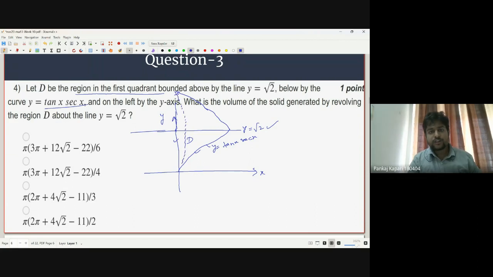Okay, so the solid of revolution will be like, there is some problem with my writing device also. Okay, it will be like this, and this time you note that you have to take a slice about a plane which is perpendicular to your axis. Okay, so the axis was this line y equal to root 2. This was our axis.